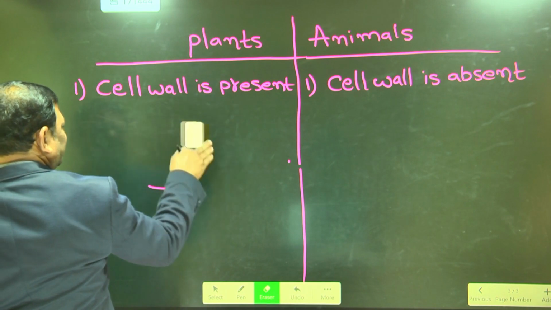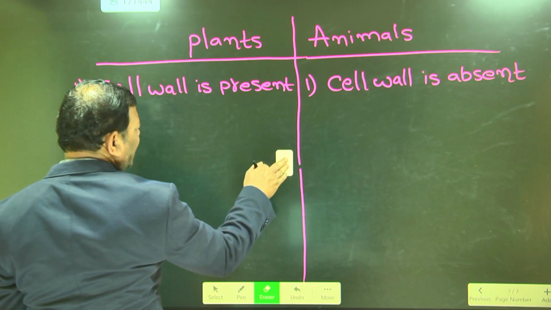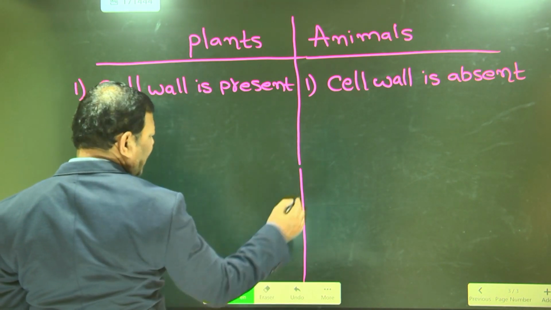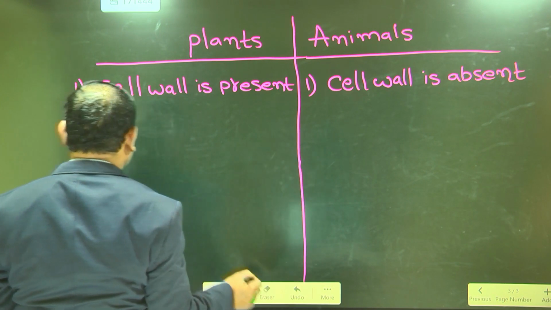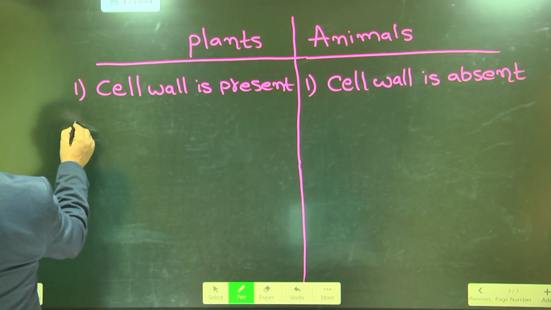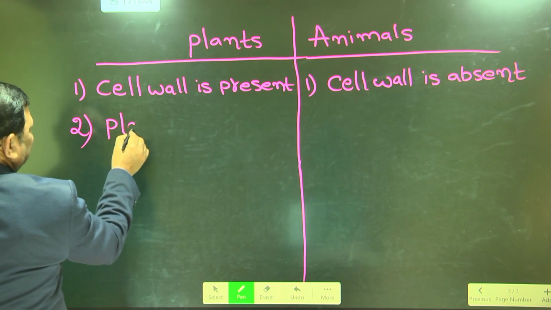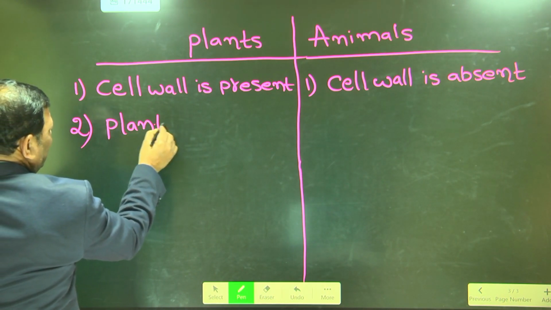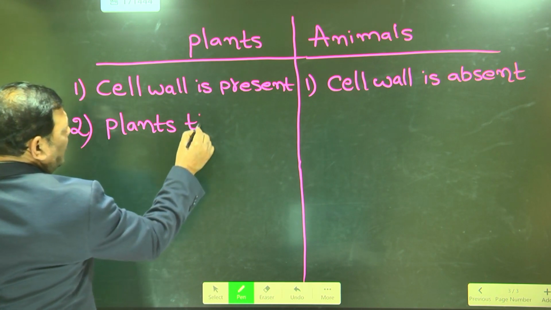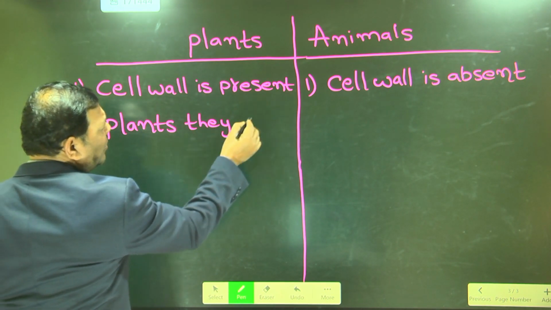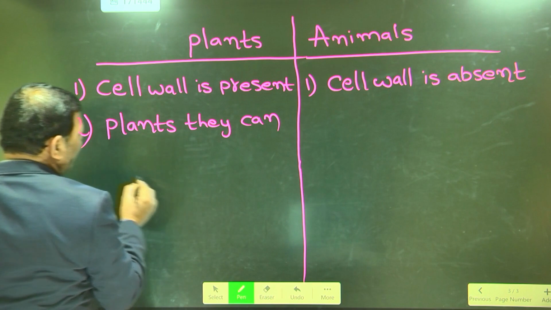Next, the second point. Plants can prepare their own food.